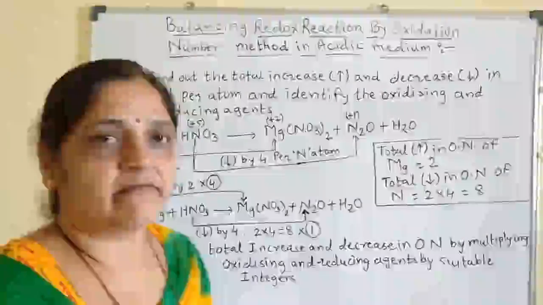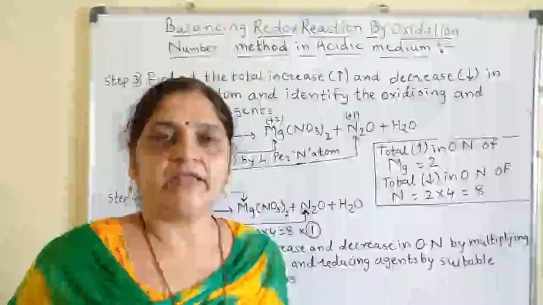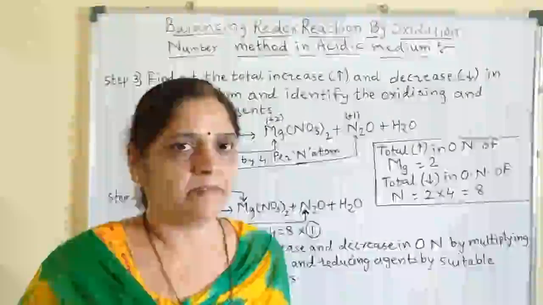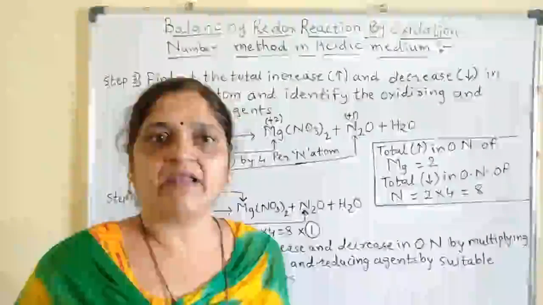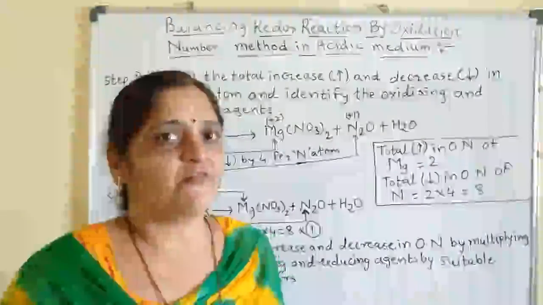In a redox reaction, whatever number of electrons lost will be equal to number of electrons gained. Or total increase in oxidation number is always equal to total decrease in the oxidation number. So in this way, we have to equalize the number of electrons in both the processes.